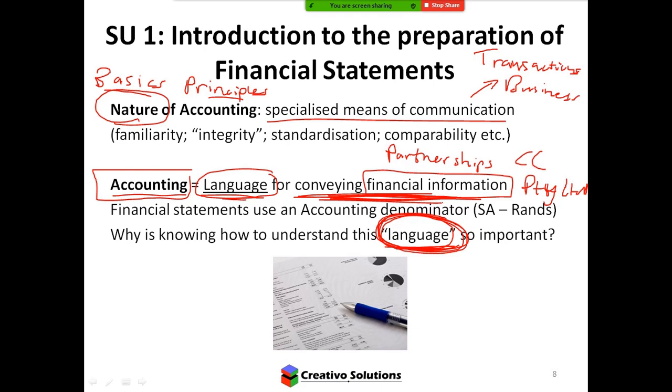Why do we need to understand accounting? So if you know how to speak this language, why is it so important? There's a clue here on the slide.